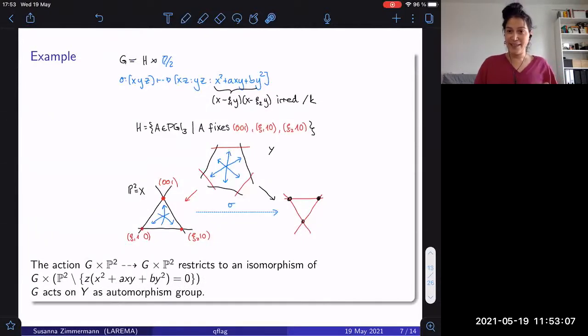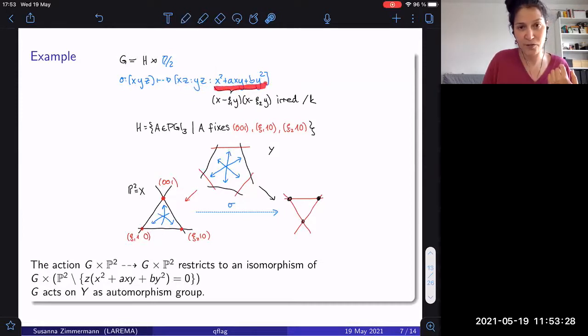Okay, so I'm iterating this example for an example where we don't blow up 3 rational points, but a rational point and 1 non-rational point. So this time, my involution will be given by xz, yz, and then I'm putting here any irreducible polynomial over my ground field.